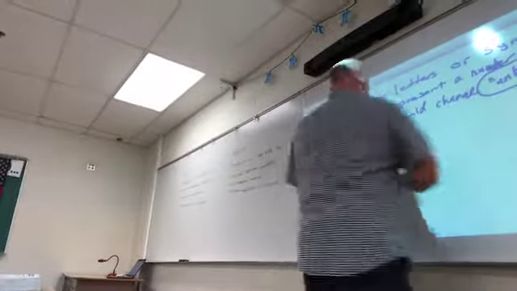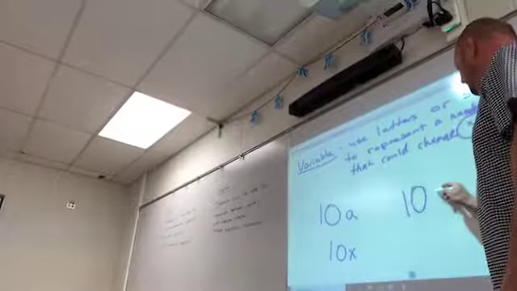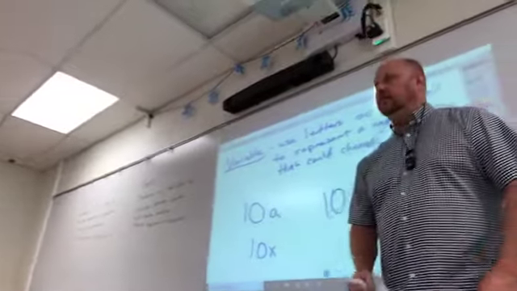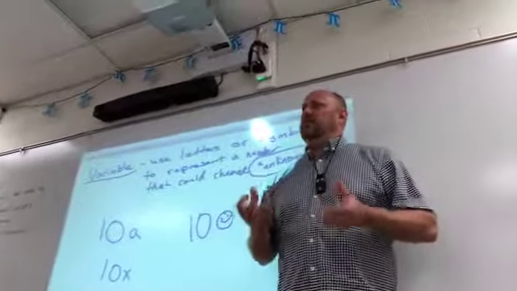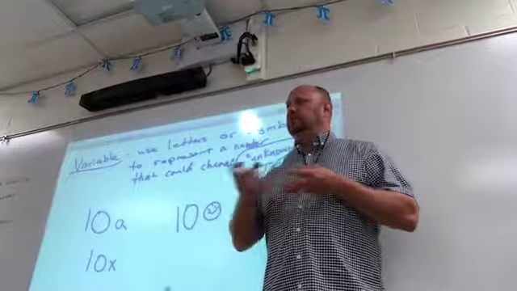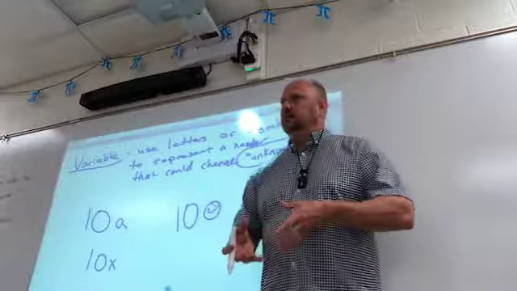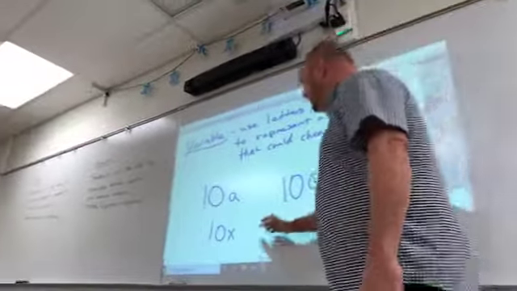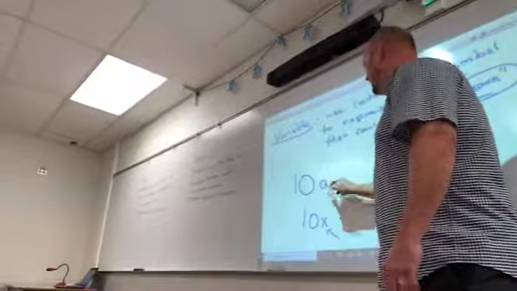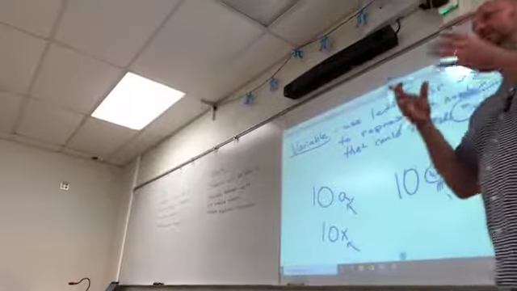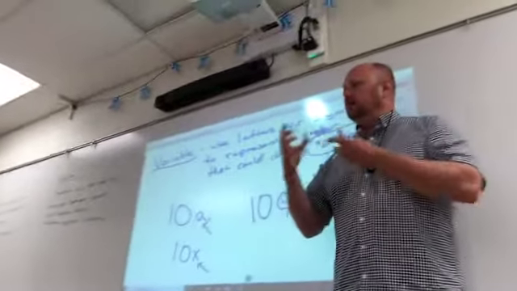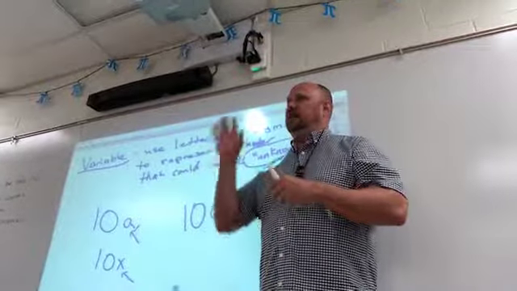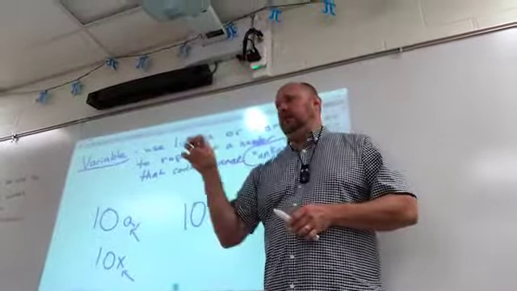Or if we really wanted to, we could write 10 smiley face. Does it really matter what symbol we use to represent that? No. With all of these, this is the variable. That's the unknown. We just want a placeholder. We want something to put in our equations, our expressions, to say this is what we mean.